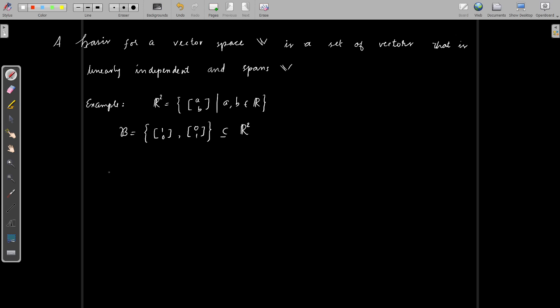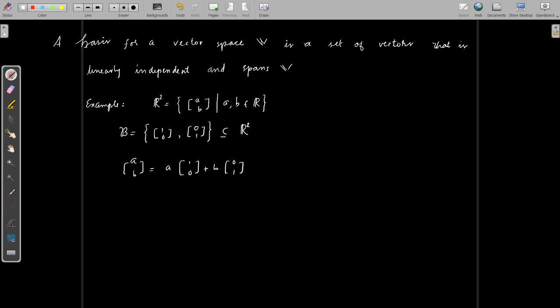Now you can easily verify that this B is a basis for R2. In order to verify this, we verify the spanning property of this set. That means if you take any (a, b) from R2, you can write it as a linear combination of (1, 0) and (0, 1): (a, b) equals a times (1, 0) plus b times (0, 1).